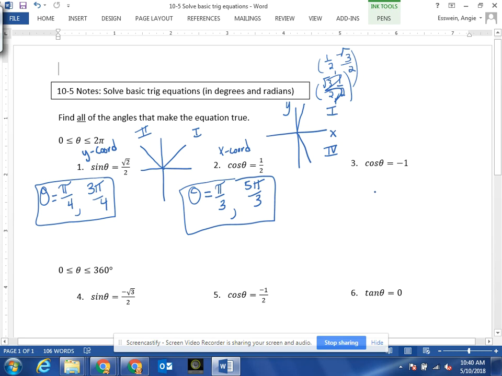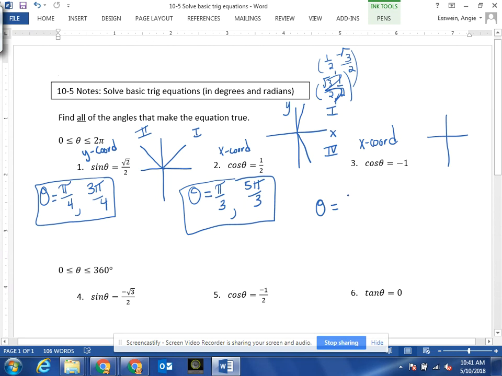All right, so you try this. Just to yourself, where is the x coordinate -1 on the unit circle? Draw yourself a little picture, and then try to write down what the angle is where the x coordinate is -1. Okay, anyone?